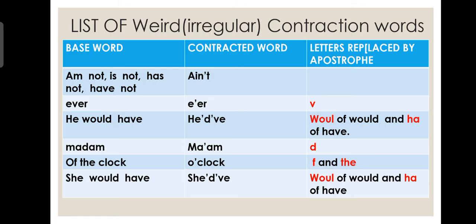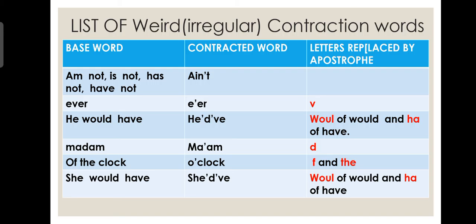So o'clock. We say 7 o'clock, 5 o'clock, 6 o'clock. This actually means of the clock. So here we remove F, T-H-E and C-L-O-C-K, we just keep the O, and this is replaced by the apostrophe.